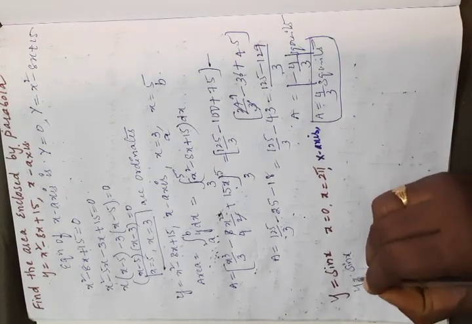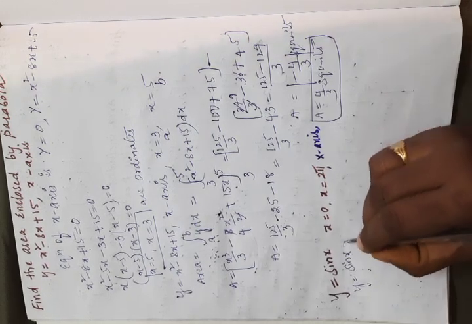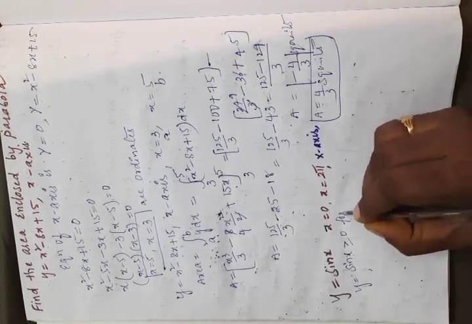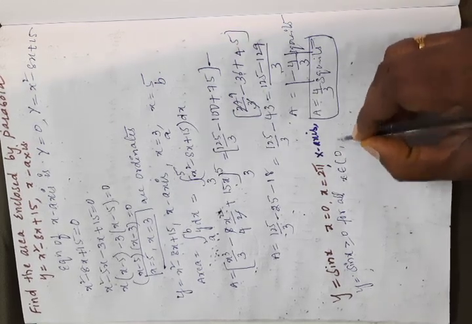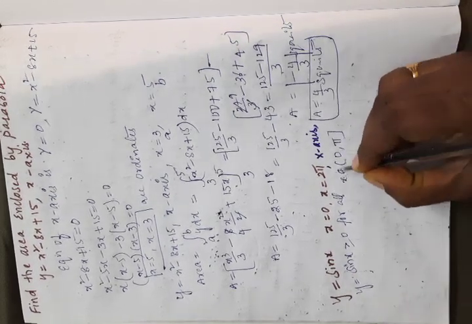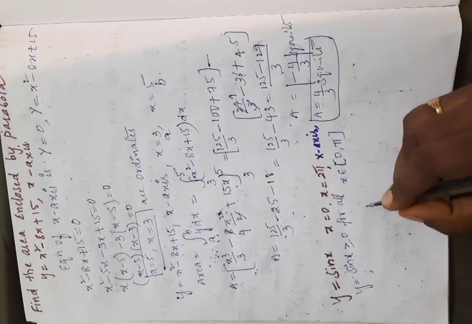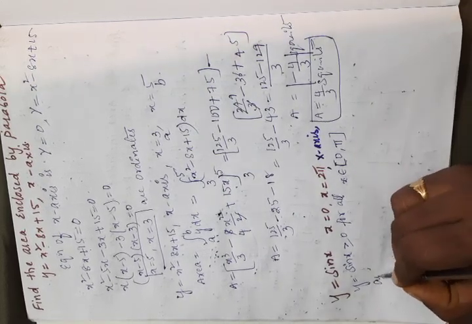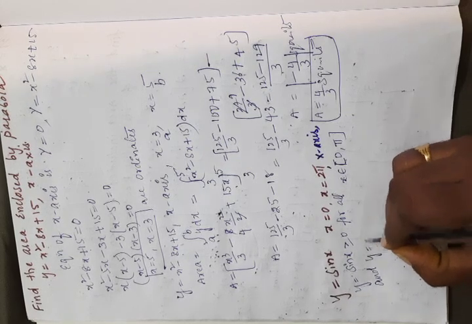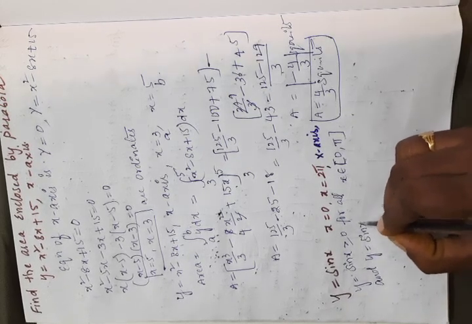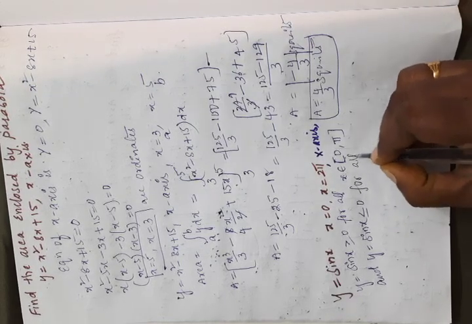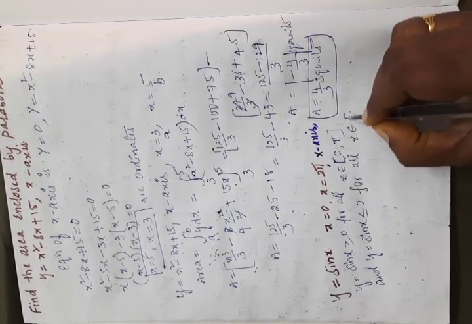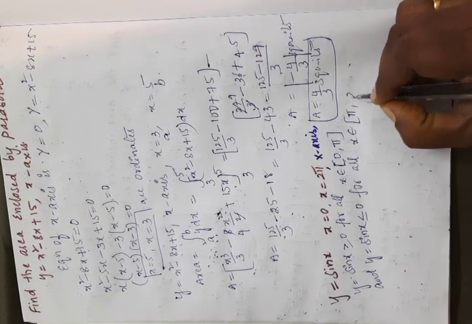Here y is equal to sin x is greater than or equal to 0 for all x belongs to the closed interval 0 to pi, and y is equal to sin x is less than or equal to 0 for all x belongs to pi to 2 pi.